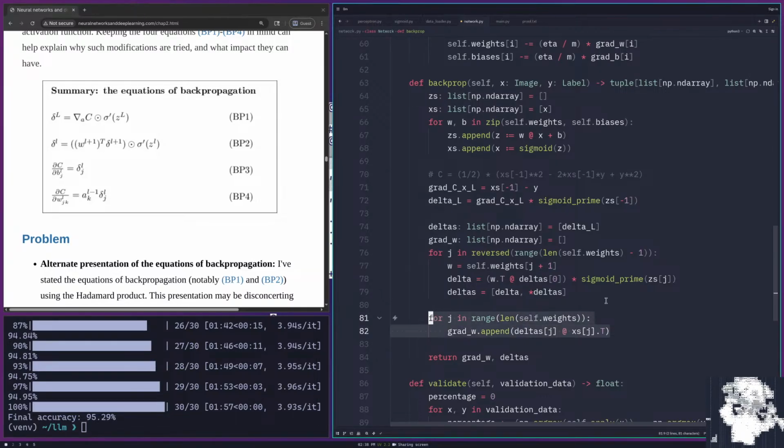This one is doing one more iteration than this loop. So I was trying to combine the loops, but that would mean I would have to start at len of self.weights, and then only do this, but not do the delta. Alternatively, I could define the same way that I'm starting delta with something in it.